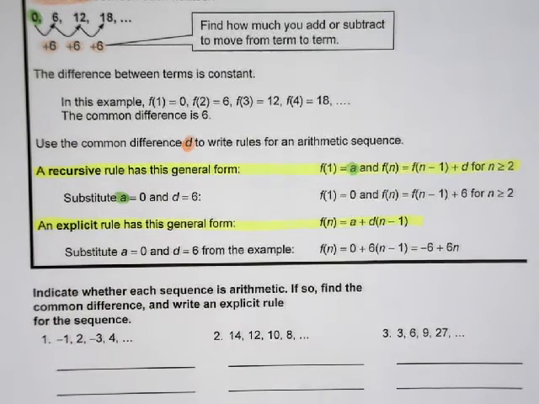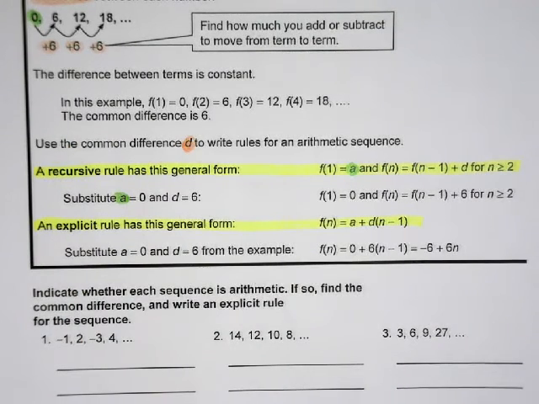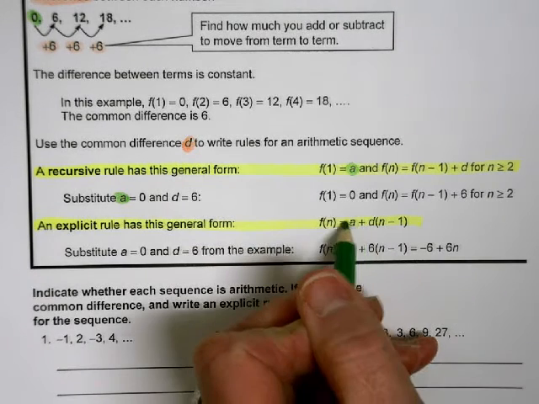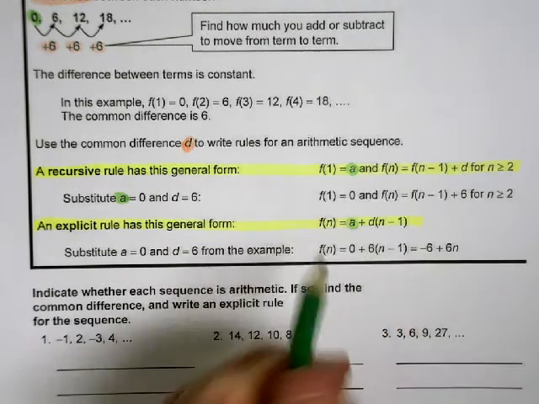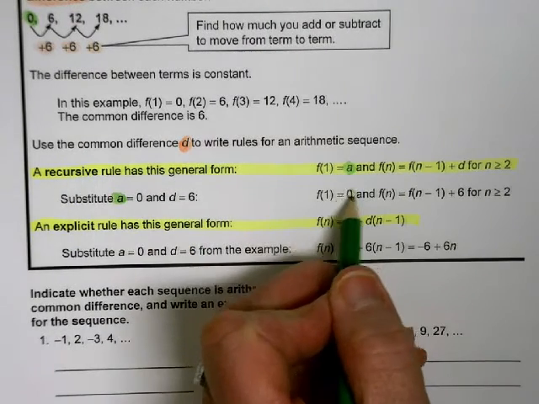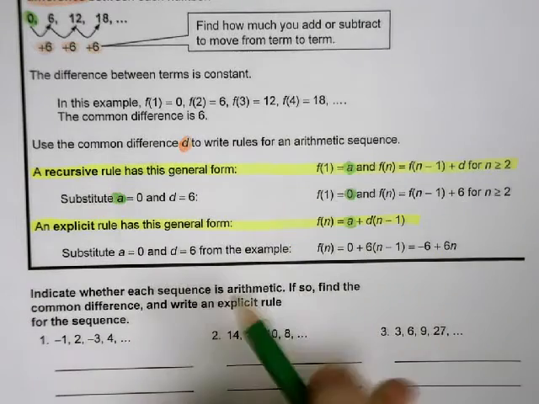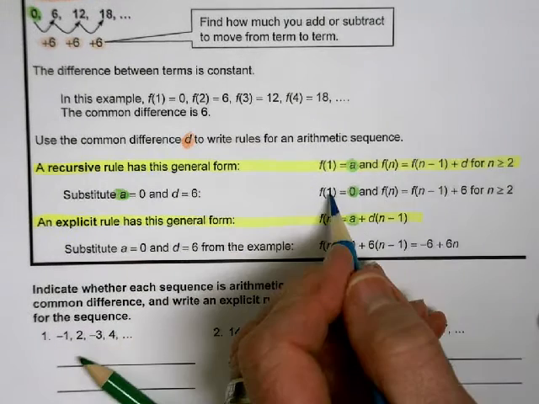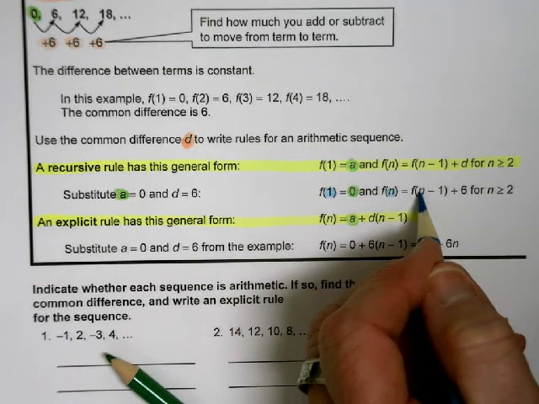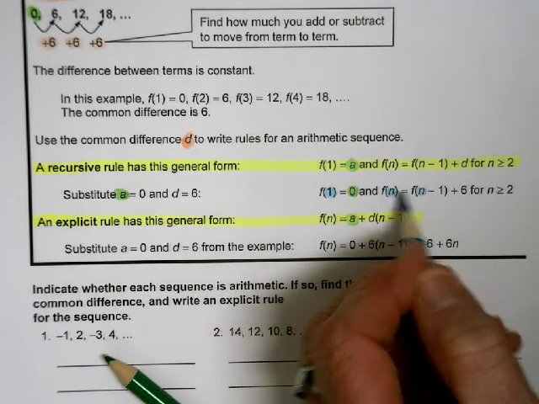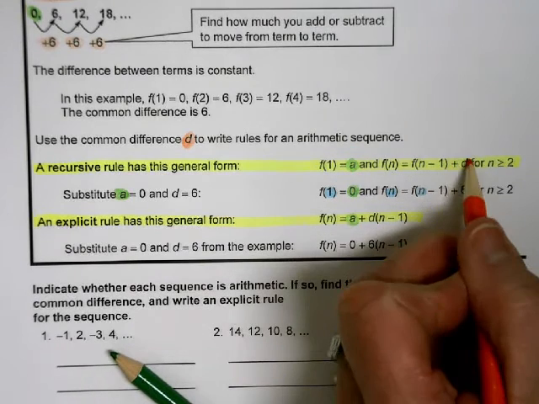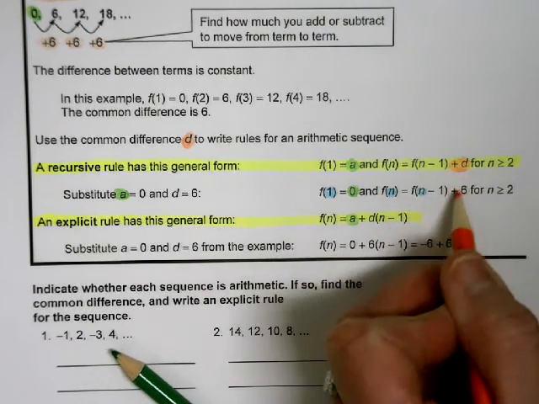So that's where you look to fill in A in the recursive formula and in the explicit formula. Because 0 in this example was the first term, you see the 1, that's n. First term here. And then any n after it, you take n minus 1 and add the common difference.